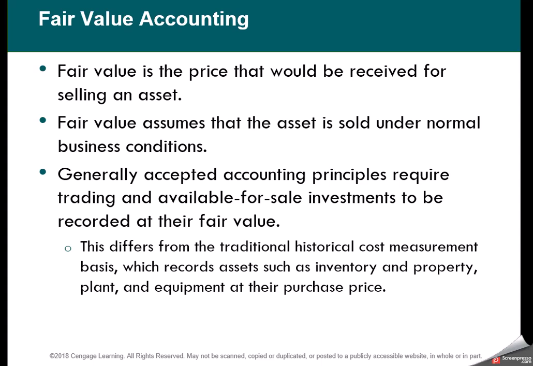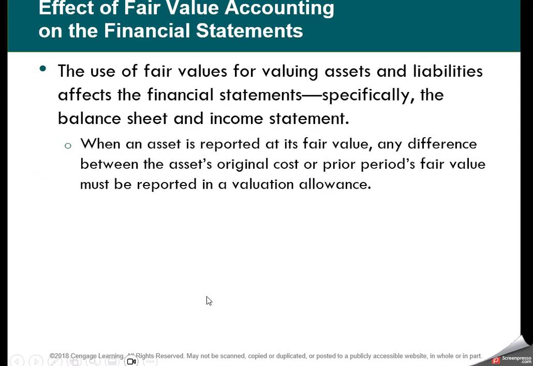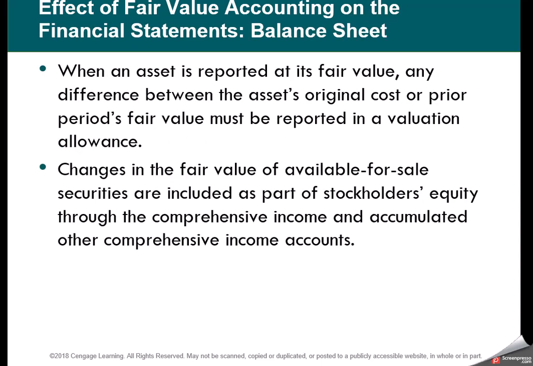And then fair value accounting. Fair value is the price we would receive if we sold that asset under normal conditions. When we follow our generally accepted accounting principles, our available for sale investments need to be recorded at fair value. Those will go into our balance sheet and into our income statement.